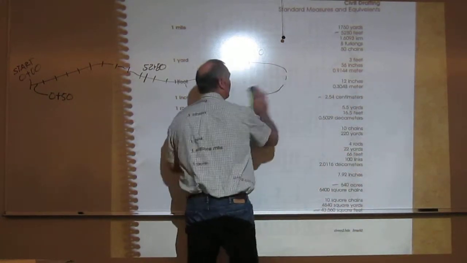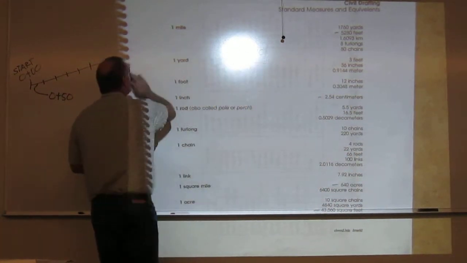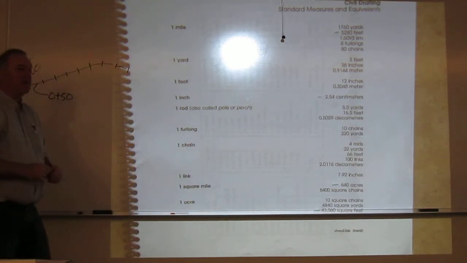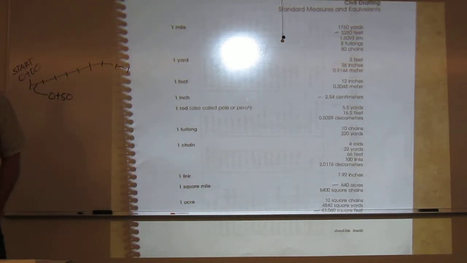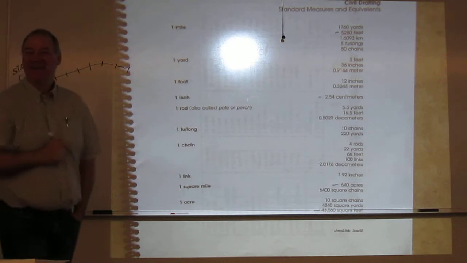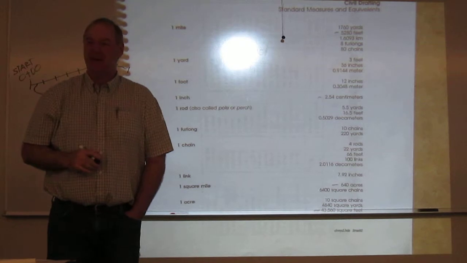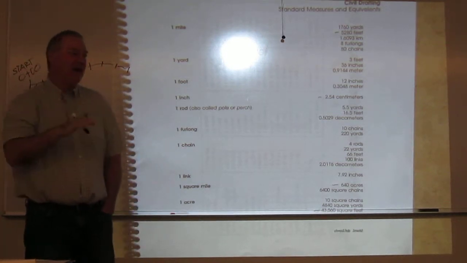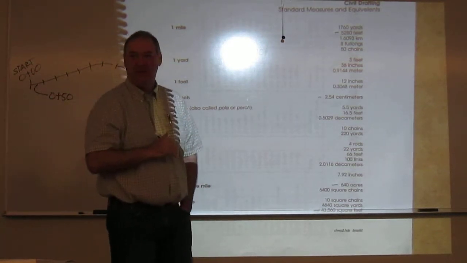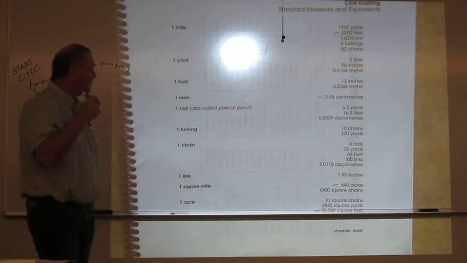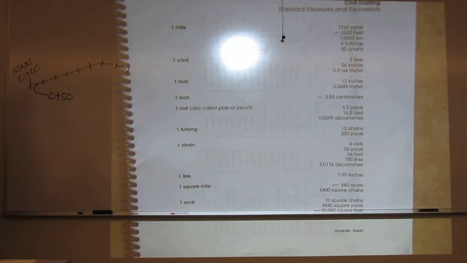Now, we're going to pull those off of a flat map. Keep in mind, we'll call it out as that, and a surveyor will lay it out as that, but it's not actually that. Does that make sense? Because you're not taking into account the curvature of the earth and what's going on there. It's a flat XY measurement. But you need to know what that is because we convert it all the time.